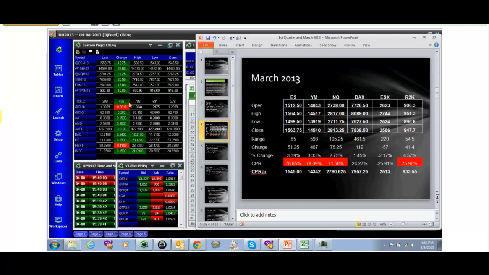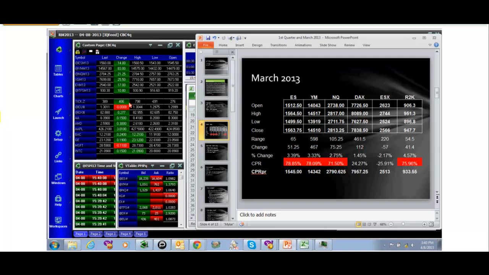Now the CPR projection represents, given the range of 65 points, where would the market be at the 50% line? And the quickest way to do this, an easy calculation for you to figure out, if the range is 65 points, you want to figure out what half of that is. Now, what's half of 65? This shouldn't be too difficult.